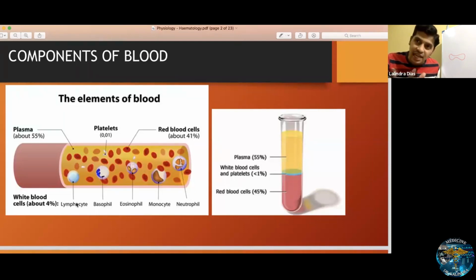We have various antibodies, and our B lymphocytes are the ones which produce those antibodies, which we are going to talk about in the immunology lecture, right? So lymphocytes, there are 2 types, T lymphocytes and B lymphocytes, and T lymphocytes are again divided into 2 types. What are they? Helper T lymphocytes, or what you call the CD4 cells.